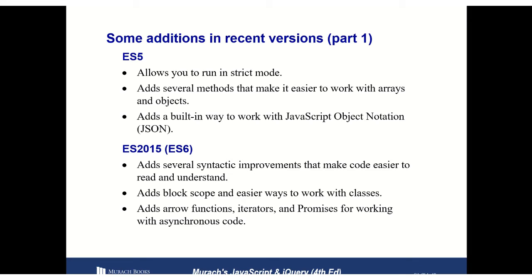"Use strict" is just a string and will not throw an error, even if a browser does not understand it. So if you declare strict mode, then you cannot just define a variable without declaring it. That's how strict mode is defined.